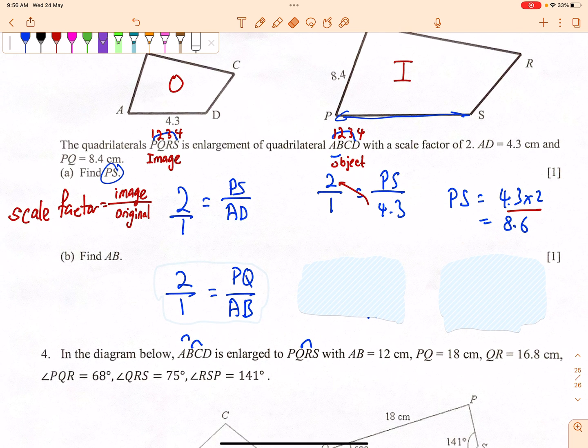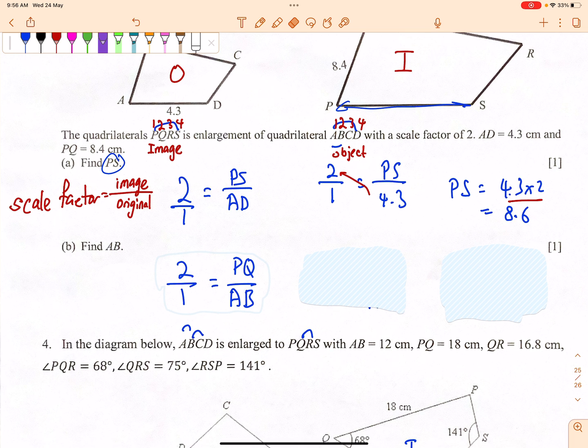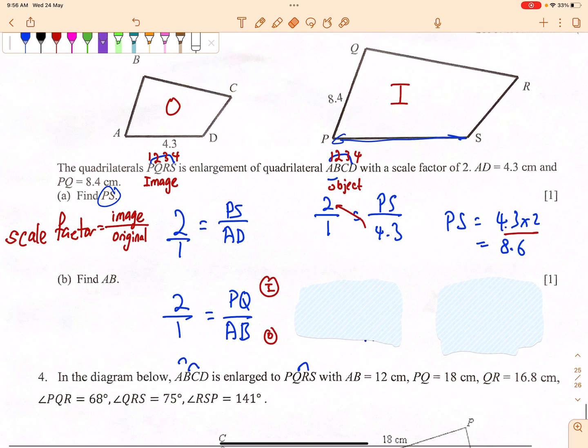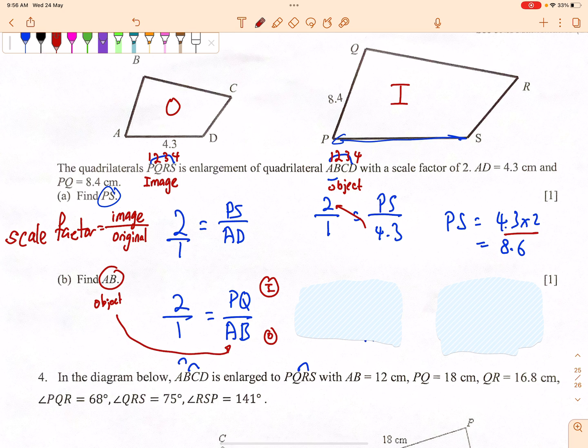Now using the same idea, my scale factor is image over object. Alright, this is always my image, and this is always my object. Now I want to look at which one is my AB. So AB actually belongs to the object, which means this is in the denominator, right? So if I want to choose AB, AB is 1 and 2, so I will choose PQ, right?